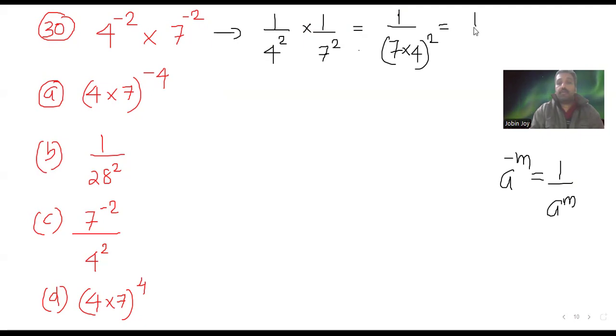So this will be equal to 1 by 28, the whole square. So option B is correct. One answer is option B, 1 by 28 square. Then another answer is 1 by 7 into 4, the whole square, right? Yes.